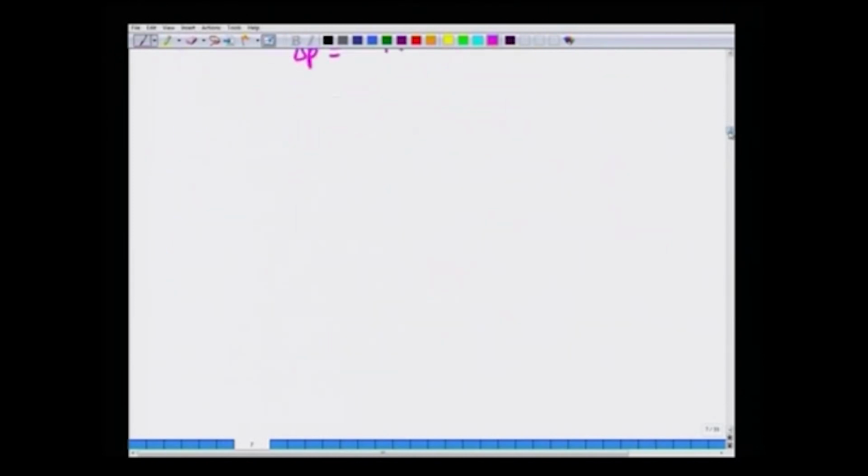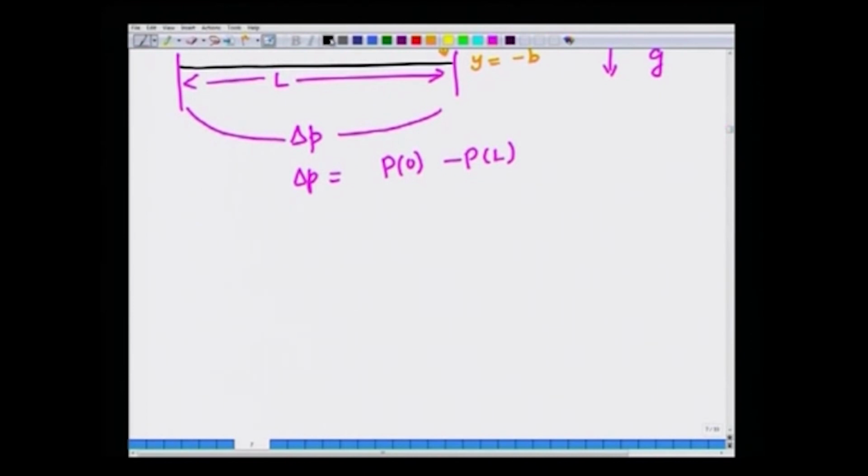Now, we have to first write down what happens to the mass conservation equation in Cartesian coordinates, because that is convenient to analyze this problem. Okay.